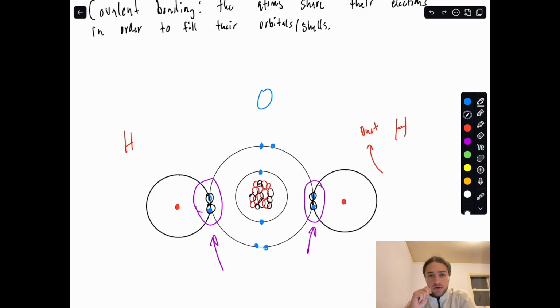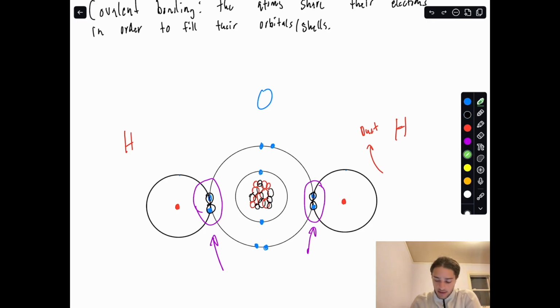So I want to cover one more thing with this video, which is the concept of polarity. Before I define that, I want to talk a little more about what it means to share an electron. I feel like it's a little nebulous. What does the word share actually mean in this context? How is an electron actually shared? To start answering that, I want us to remember what's physically going on with electrons.